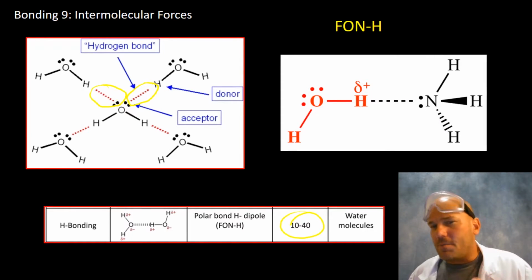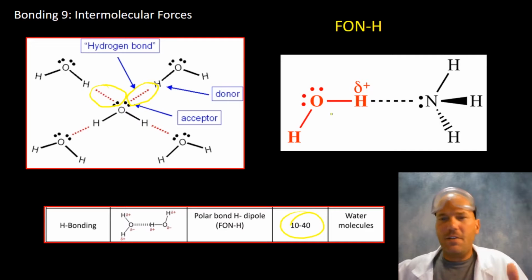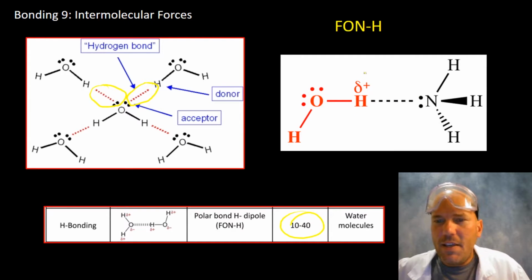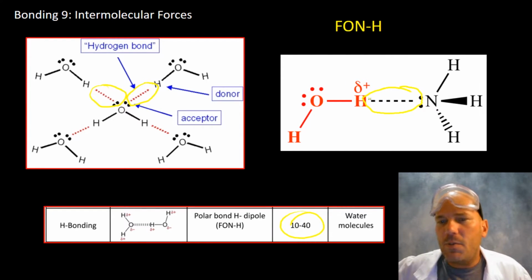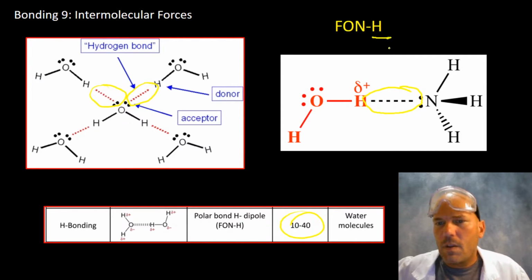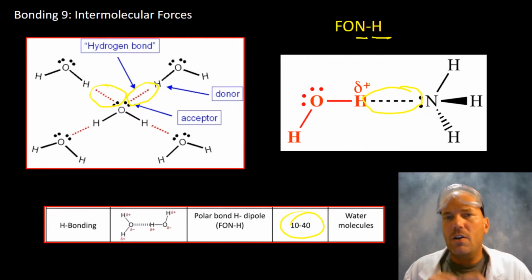Okay, now I want to use another example here. This is a hydrogen bond, absolutely. Why? Because it's forming between the hydrogen of one molecule and the nitrogen of another molecule. So this is a hydrogen bond occurring between a water molecule and an ammonia molecule.